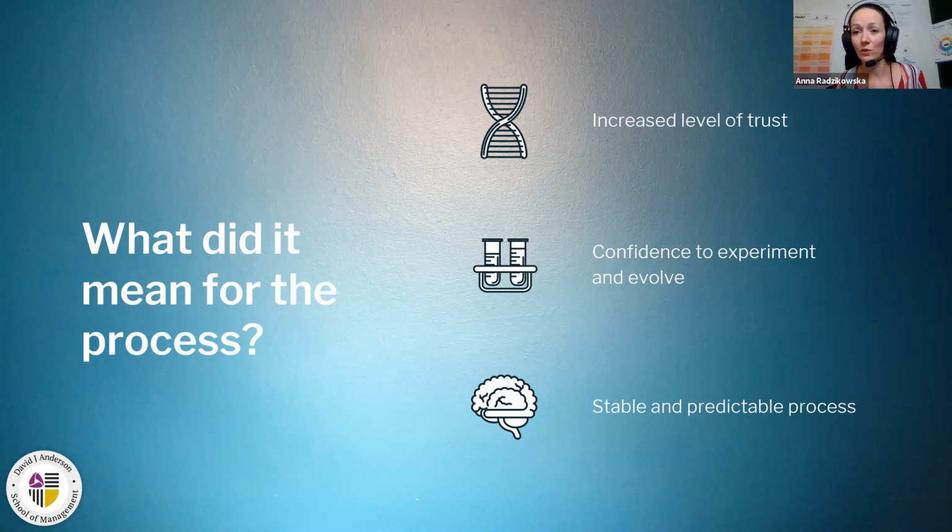The experiments that we did were mostly related to engaging the business in working on this product and delivering this product, and expanding and improving our upstream system. And then the whole process and the whole delivery started to be more stable and more predictable.